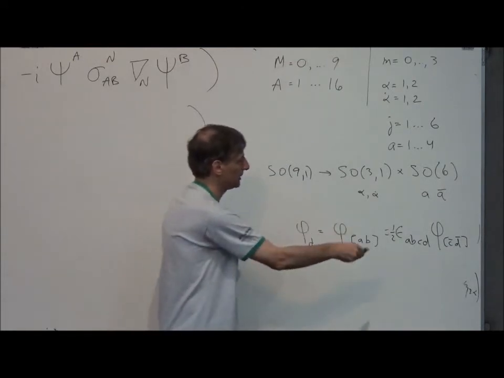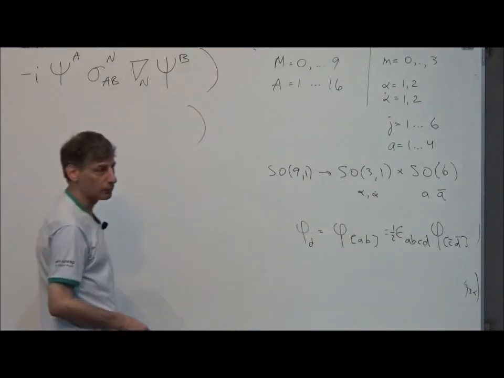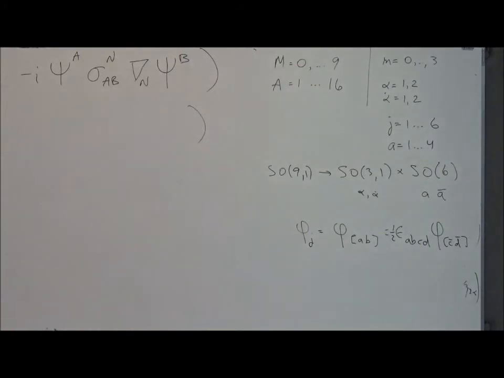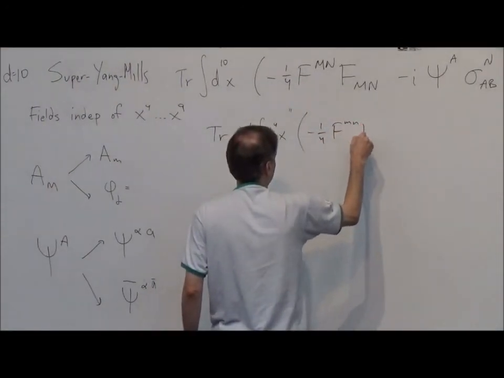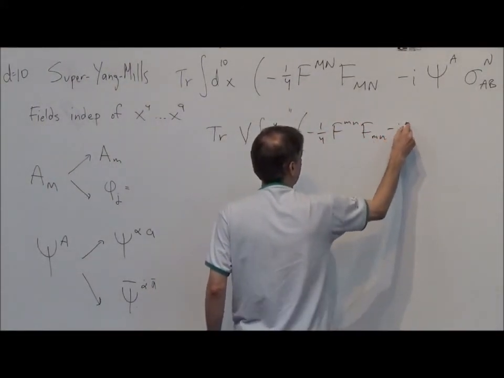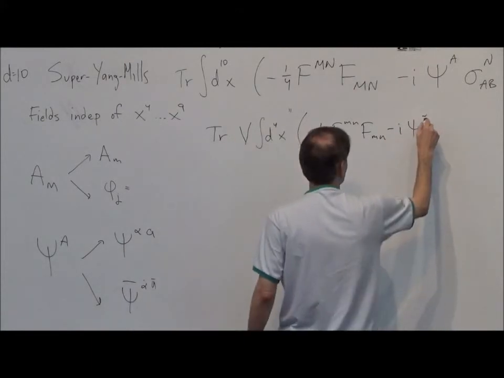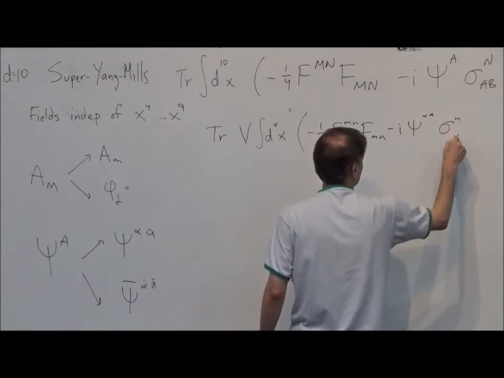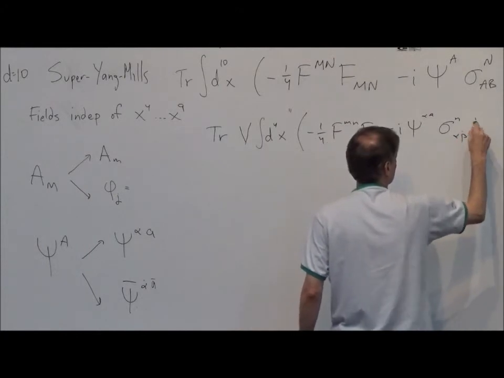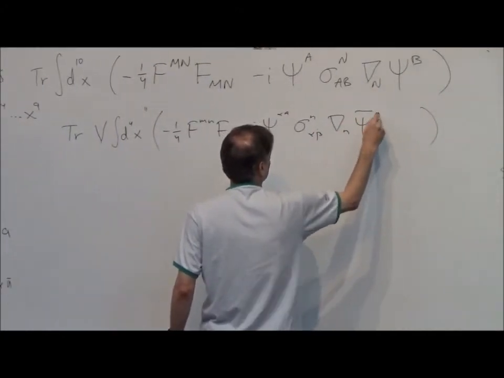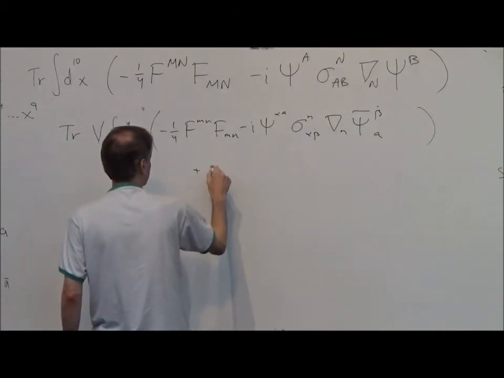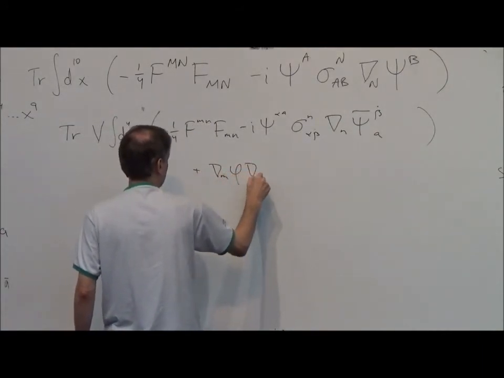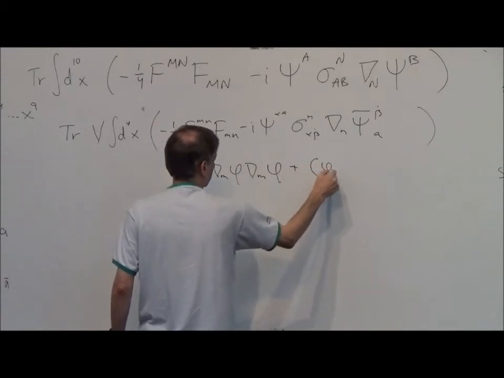So this is something about SO(6) that I will discuss in more detail tomorrow. But the punchline is that you can write this now in terms of these objects here. And then there's also the coupling of phi to the fermions. This type.